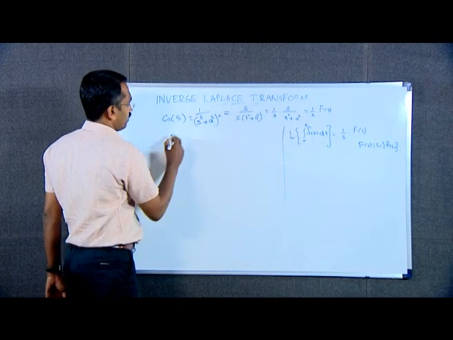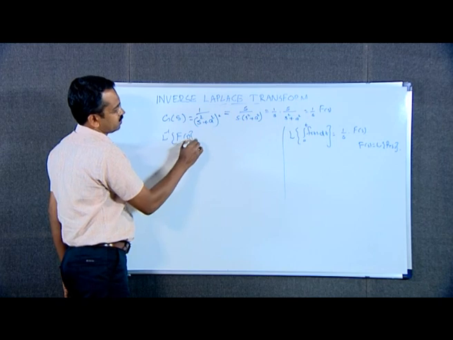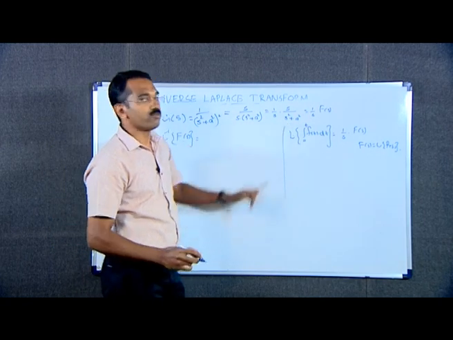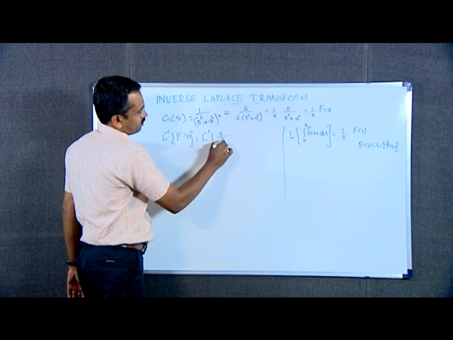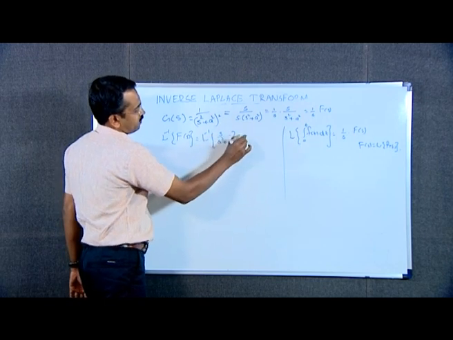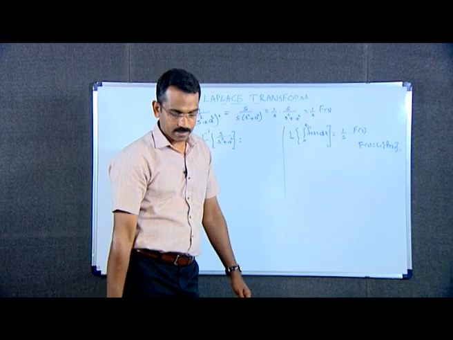Here L inverse of f of s, that is L inverse of s by s square plus a square is equal to cos a t.